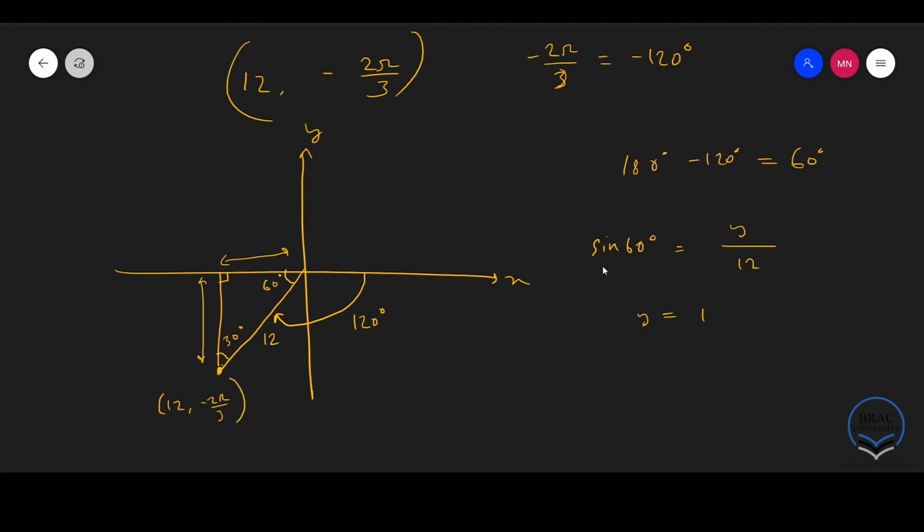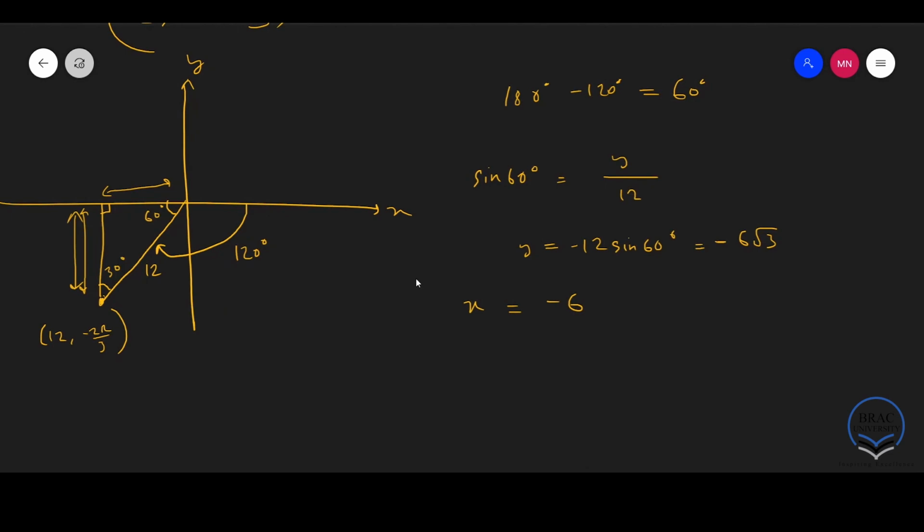And we can see that y is equal to 12 times sine of 60 degrees, right? And this gives me 6 root 3. So this is going to be this length, but since we're in the third quadrant, our y coordinate should be negative, right? And similarly, I can find the x coordinate to be minus 6. So my rectangular coordinates will be minus 6 and minus 6 root 3. So this will be my rectangular coordinate.